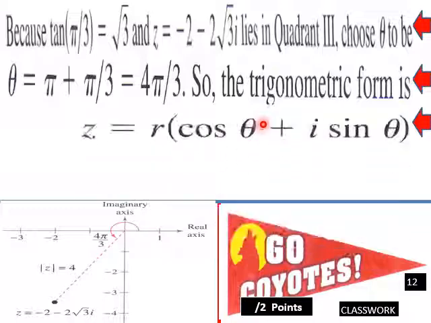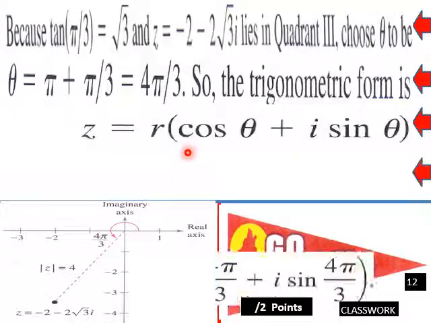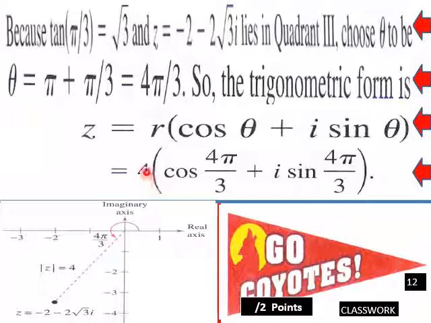So the trigonometric form is z equals r times cosine theta plus I sine theta in this situation here. So that would be 4 times cosine 4 pi over 3 plus I sine 4 pi over 3. That would be the trigonometric form of this number up here, z.